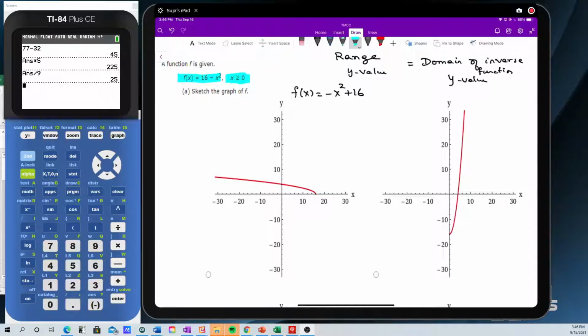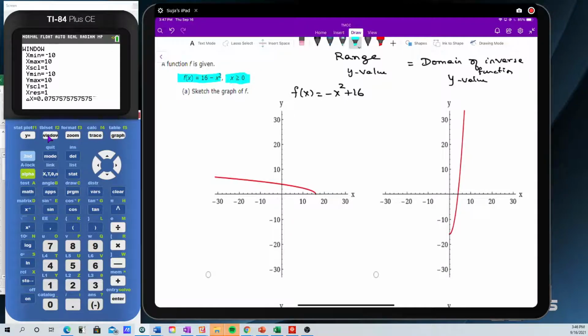I'm not worried about it, because if I graph this without the restriction, let me show it to you here: negative x squared plus 16.